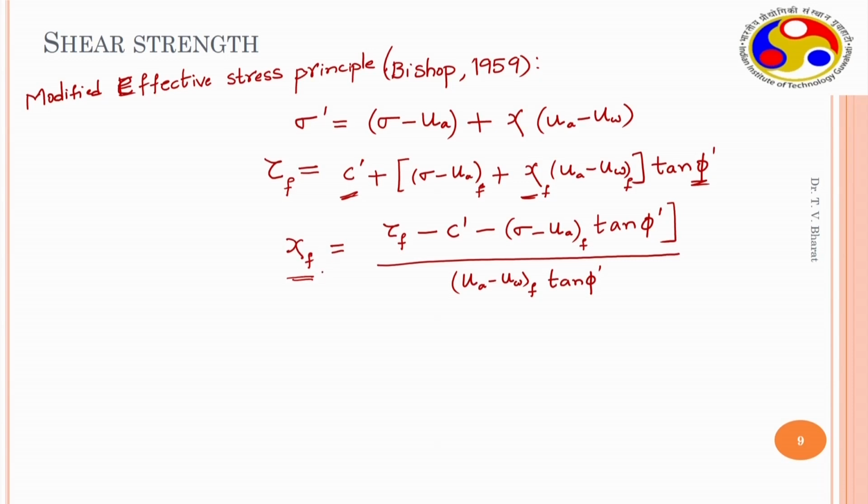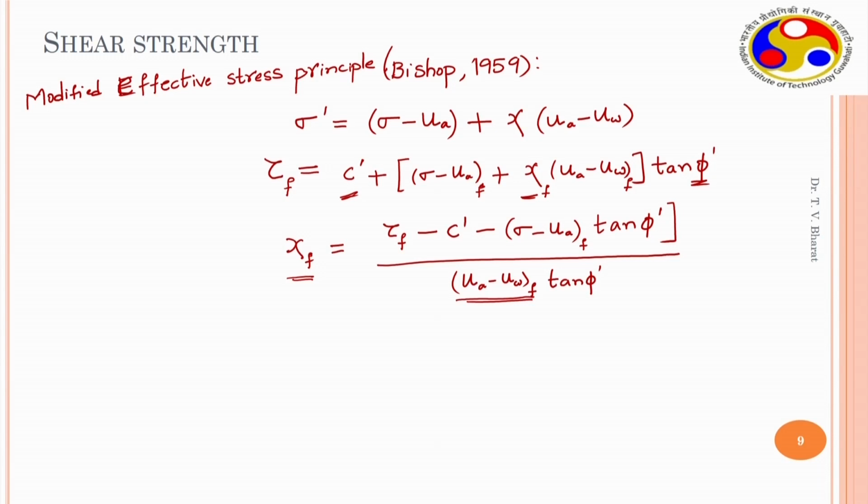By knowing the stress state at failure, xi F can be obtained, and for different values of matric suction it can be obtained, because xi F depends on either volumetric water content or matric suction. So, xi F as a function of matric suction or theta can be determined from experimental measurements.